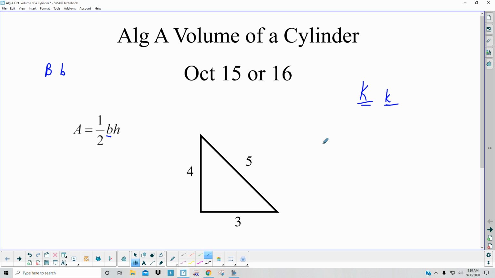So to find the area of that triangle, this would be the base, that would be the height. I don't need to go through the math. I'm just illustrating that the lowercase b indicates the base, and you would fill in what the base is worth. These are products, and you get yourself an answer.